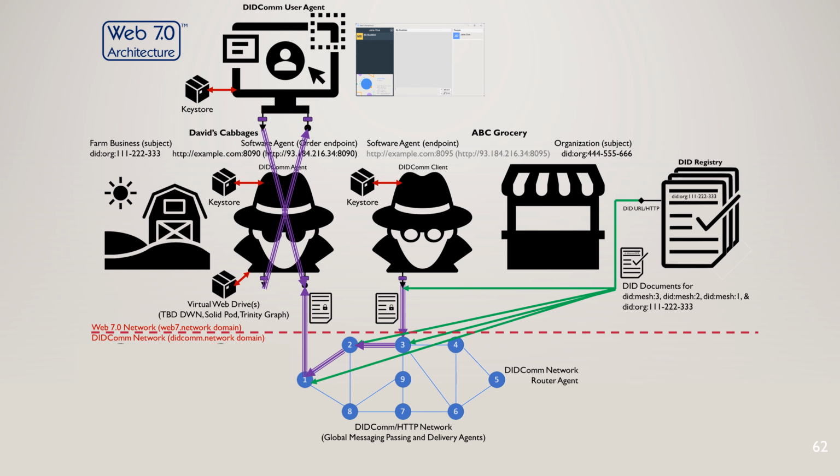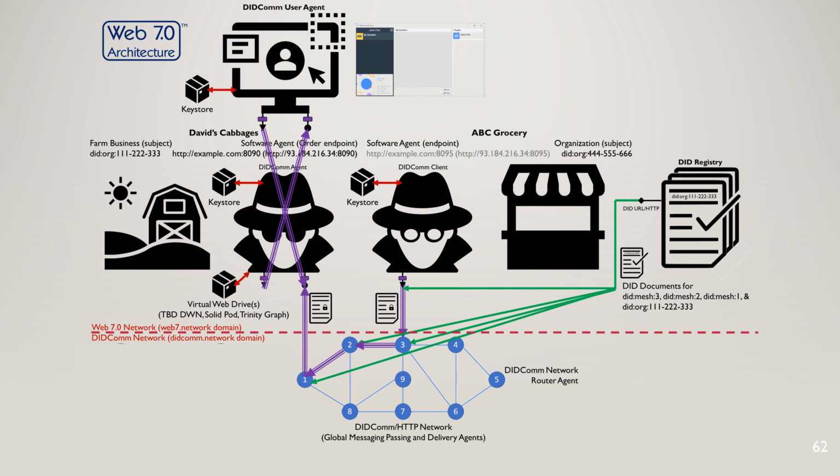So inspired by that, we have the layer 6 Web 7.0 architecture model. The red line, again, is the demarcation between the DIDComm network at the bottom for message routing and the Web 7.0 network at the top, which is where the agents live and where the virtual web drives live.